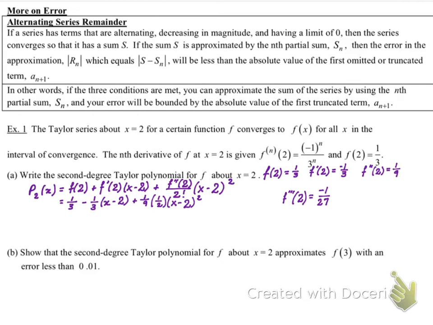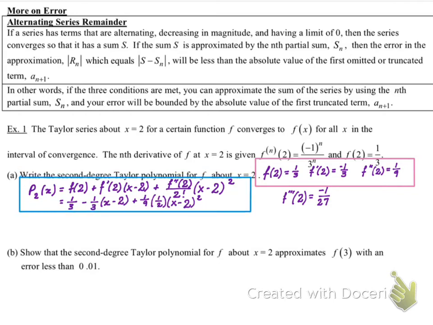So here we go. On this first example, we find all of the values for the derivatives that we need, and if you're me, which you are not, you go ahead and find the next derivative. Then you write out your series. Once you've written out your series, you use that information to go ahead and make a calculation.